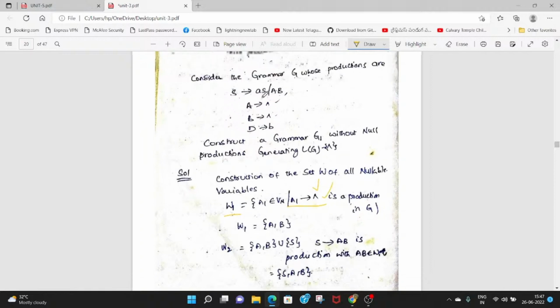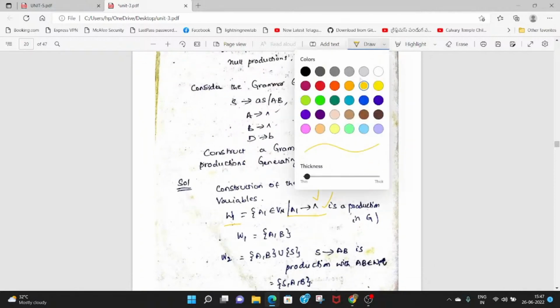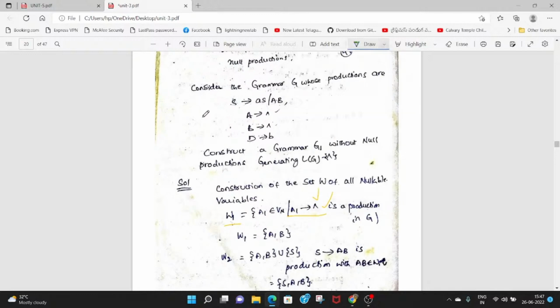So now this is the grammar given for you. S tends to ASAB, A tends to null, B tends to null, and D tends to small b. So you can take this grammar and see what type of things it is going to derive.